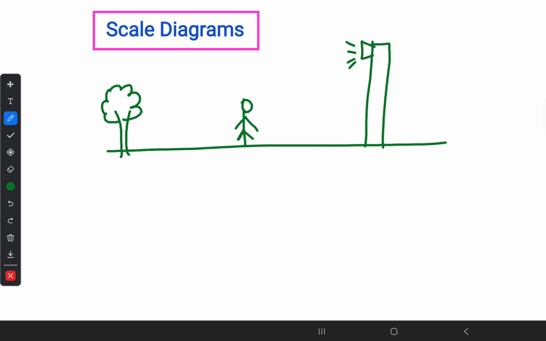Think. You cannot observe the top of the lighthouse by your eyes directly. So here we are using a term called angle of elevation. While walking, we can't observe the top of a lighthouse.